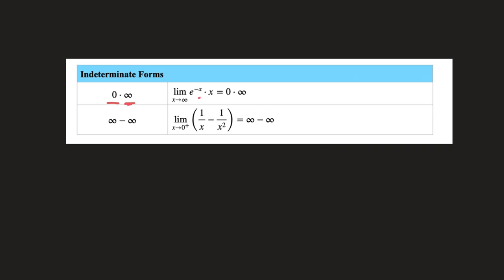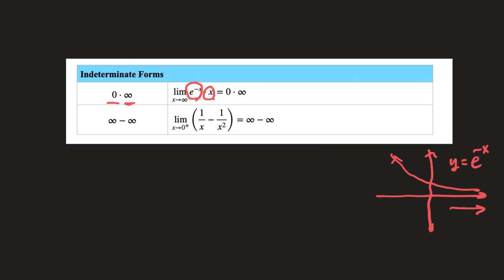Look at this one, e to the negative x. The graph of e to the negative x looks like this. That's y equals e to the negative x. So as x approaches infinity, e to the negative x is going to 0.